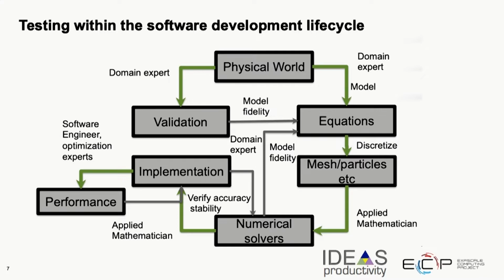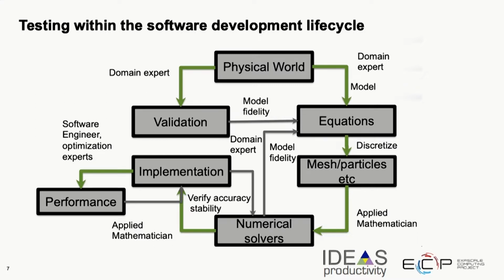You will do the implementation of those numerical solvers, and then what this loop is doing here is the validation, where you are confronting it with observations of some kind. And also, if you are running it on HPC platforms, you will want to worry about performance because you want to use the platform well.